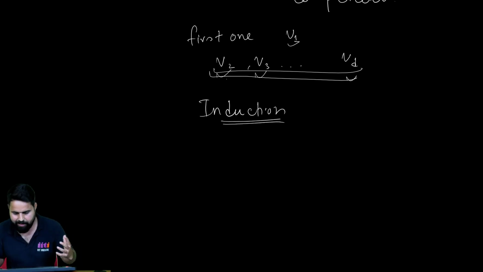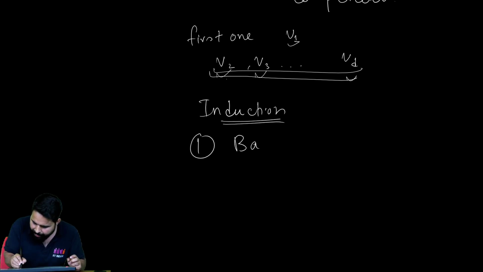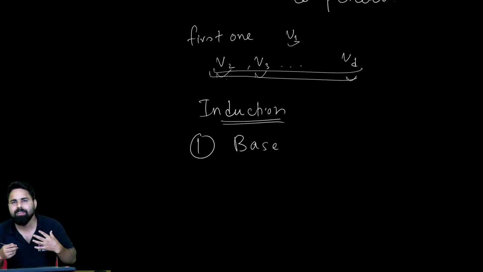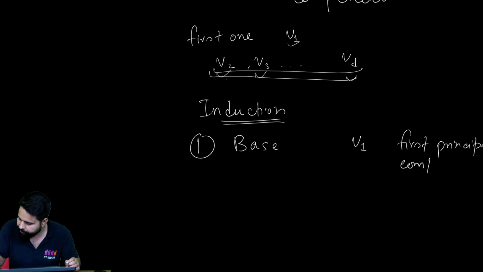In induction, there is a base case, and the base case is something we have just now proven. V1 is nothing but the first principal component. Basically, along this we are getting the maximum variance when we project our data along it. So the base case is done.